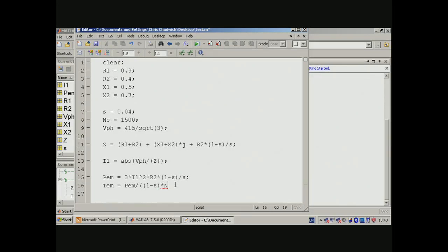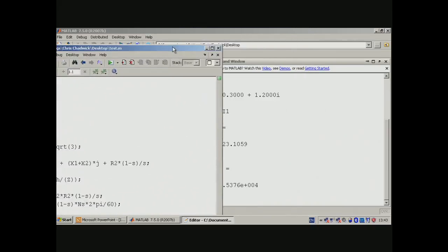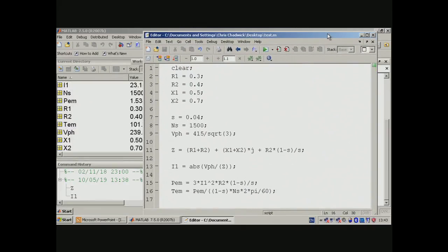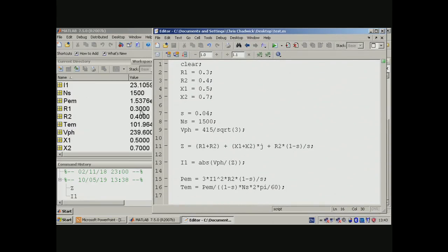So we can write this as Ns times 2 pi over 60. That will give you the electromechanical torque, 101.96, the value we were able to calculate before, close to 102. So that's one operating point.